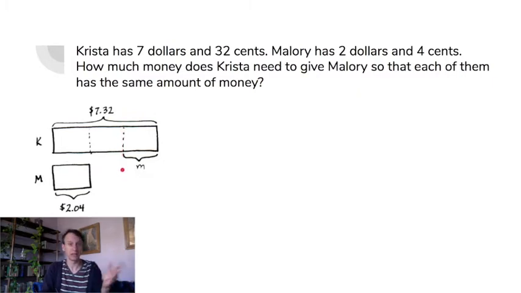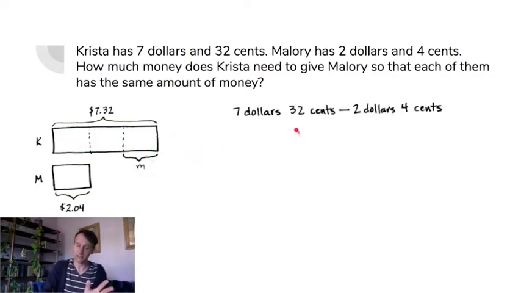Okay, but it's money, so I'm going to take this much of Krista's money, bring it over here, and now Mallory and Krista have the same amount of money. Now do you see how to calculate this? You see how valuable these tape diagrams are sometimes, because it shows you exactly what to do. And what do we do?